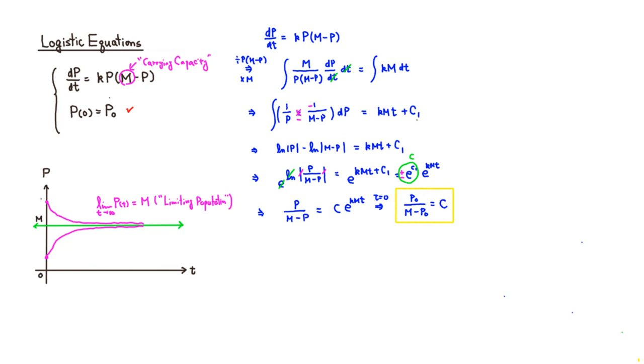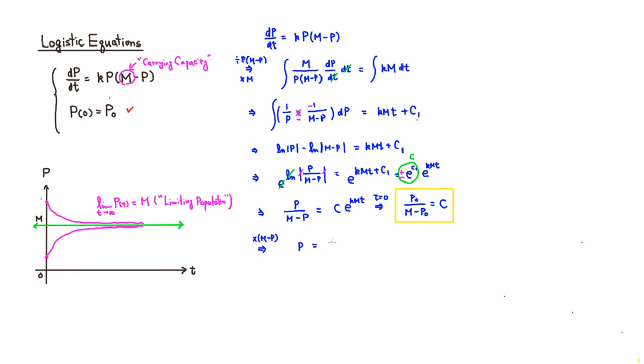All right, let's keep going. We're looking for P, so we just need to solve for P. I'm going to multiply through by M minus P so that we have a P here.